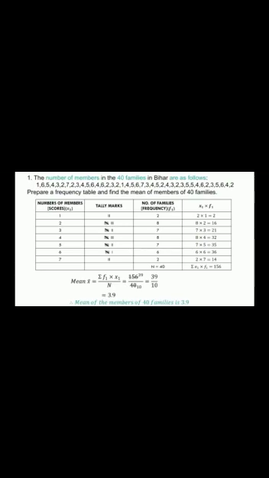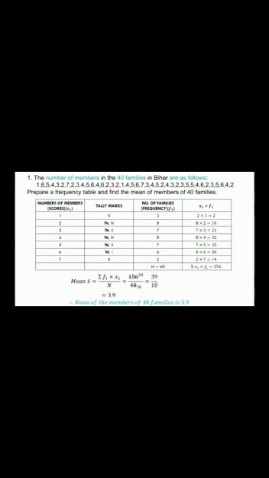It should be 40 families. So when you add, you get n as 40. Then in the last column, you find the sum of F1 into X1. When you add 2, 16, 21, 32, 35, 36, 14, you get 156.